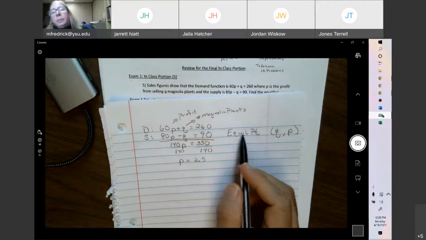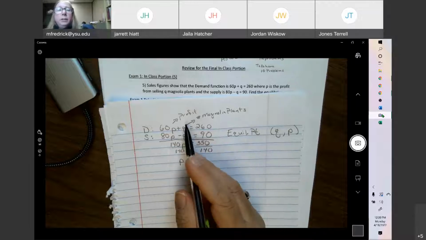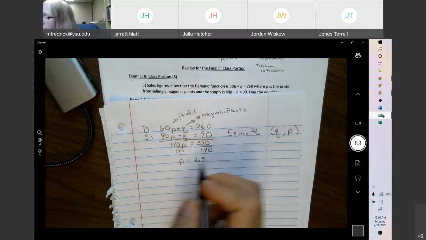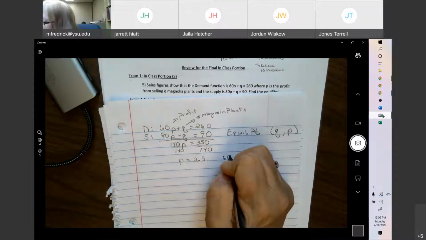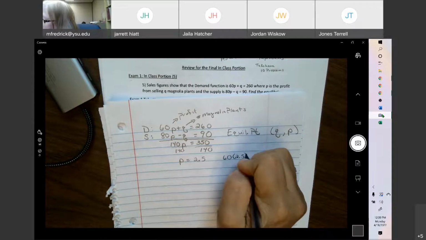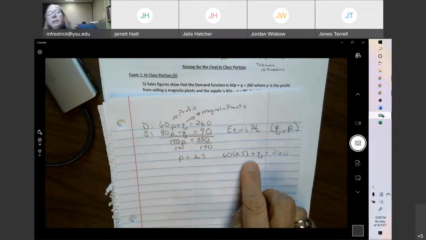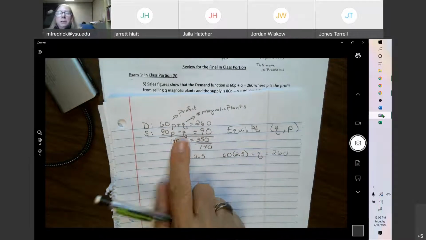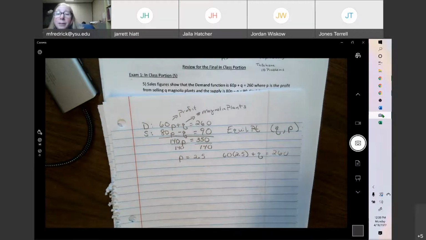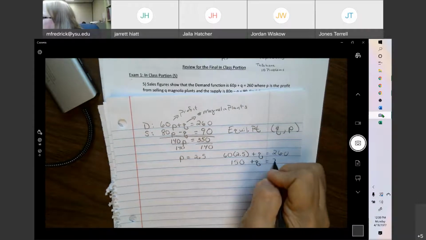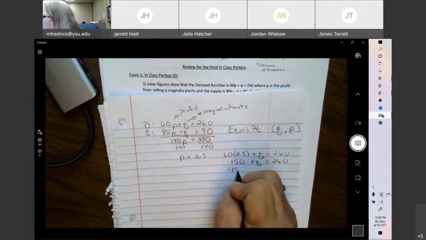When you're finding the equilibrium point, we also need to find Q. You can plug it into either equation. I'm going to use the top one. I used the top because the Q was positive, and so then just one less step. 60 times 2.5 is 150. Subtract the 150.